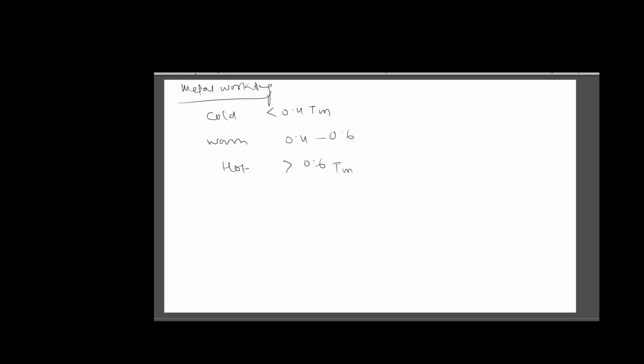Lesser the percentage of nickel, lesser is the melting point for the alloy. So it also depends upon the phase diagram. If this is the phase diagram, and we know that copper has less melting point as compared to nickel, so if the composition of nickel is lower, then the melting point is also lower. So it means cold working, warm working and hot working also depend upon this.